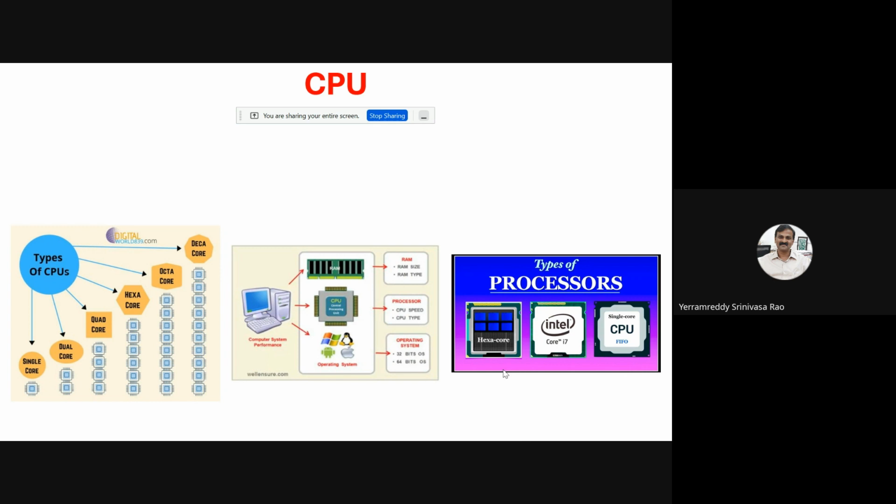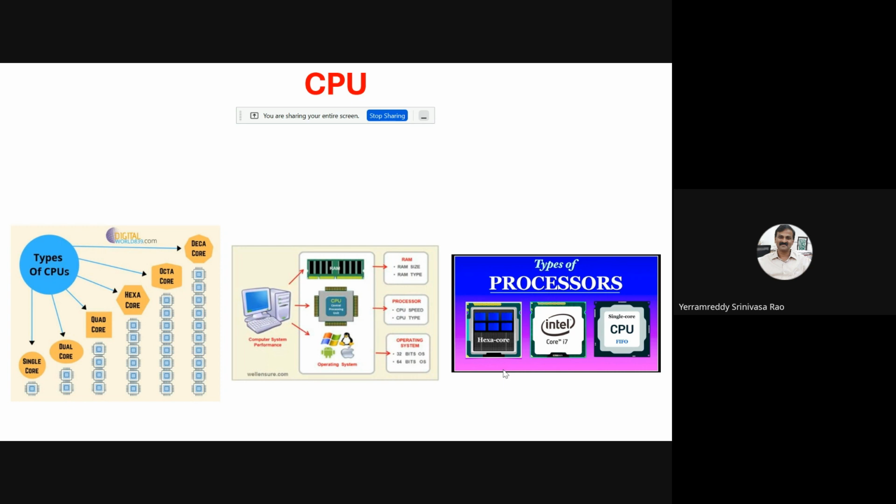Mega is 10 to the power of 6, giga is 10 to the power of 9. So that is the operating speed, the amount of time it takes to execute one cycle of an instruction.